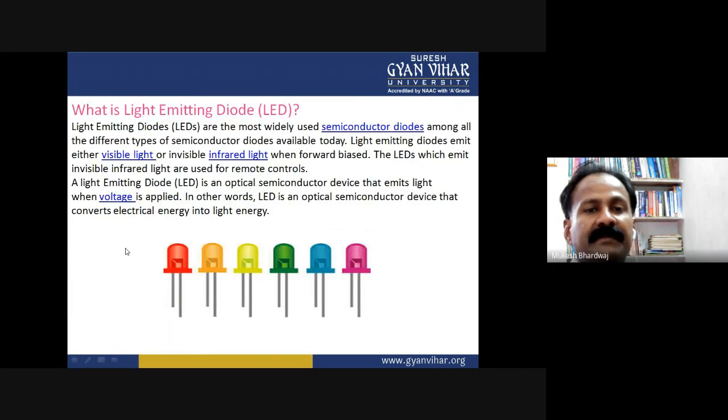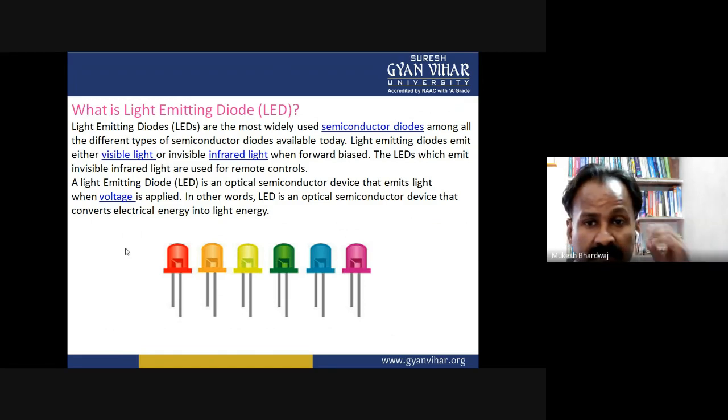What is a light emitting diode or LED? Light emitting diodes, LEDs, are the most widely used semiconductor diodes among all the different types of semiconductor diodes available today. Light emitting diodes emit either visible light or invisible infrared light when forward biased.